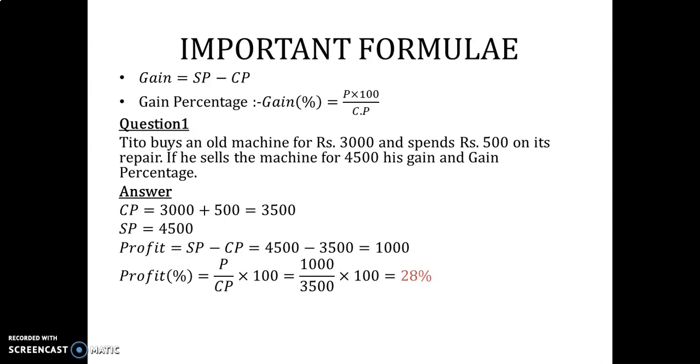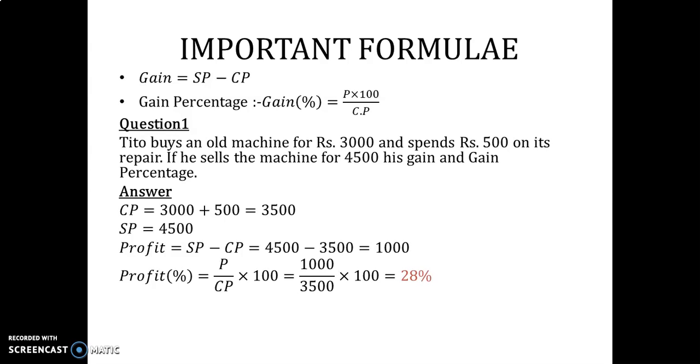Gain percentage is nothing but the percentage of gain or profit he got from the transaction. The formula is profit divided by cost price into 100. The percentage we calculate on the basis of cost price only, because cost price is a fixed amount.